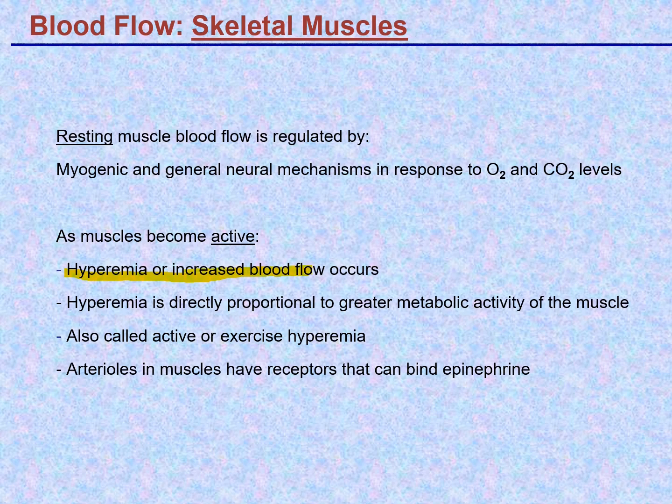The increase in blood flow is directly proportional to the increase in metabolic activity of the muscle. You start walking, you have more blood flow in. You start running, you have even more flow in. This is also called active hyperemia or exercise hyperemia.